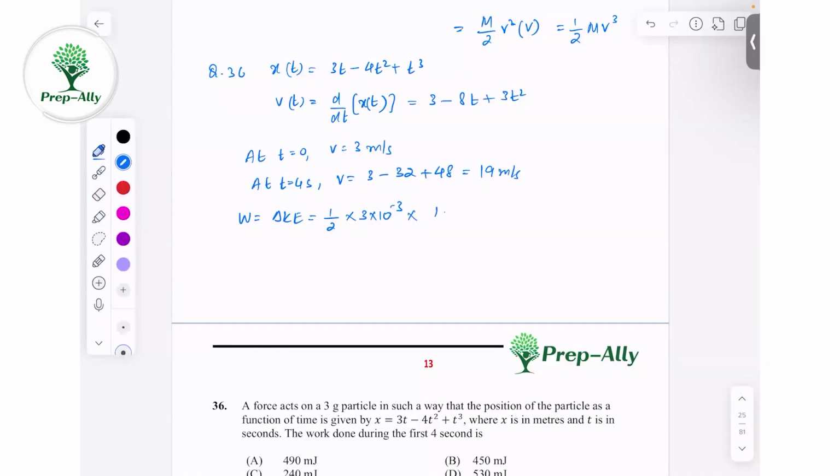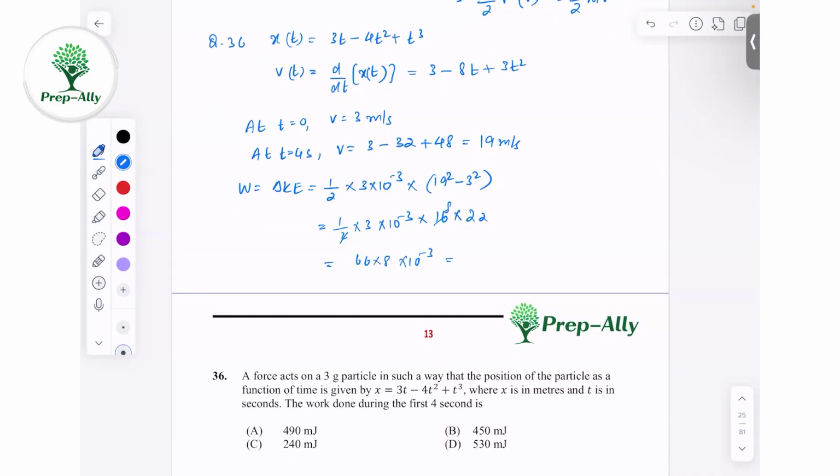This change in kinetic energy is final kinetic energy minus initial kinetic energy. So 19 square minus 3 square, that will give us half into 3 into 10 power minus 3 into 19 minus 3 is 16, and 19 plus 3 is 22. That will be 8 times. So 66 into 8 into 10 power minus 3.